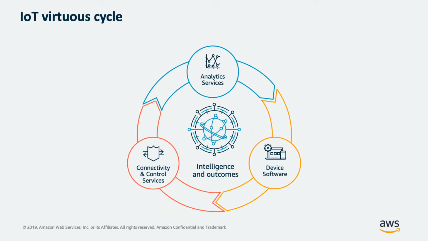And what you see here introduces the IoT virtuous cycle. So the Internet of Things cannot exist without things, right? Without devices, effectively. Every IoT solution must first establish connectivity in order to begin interacting with devices.